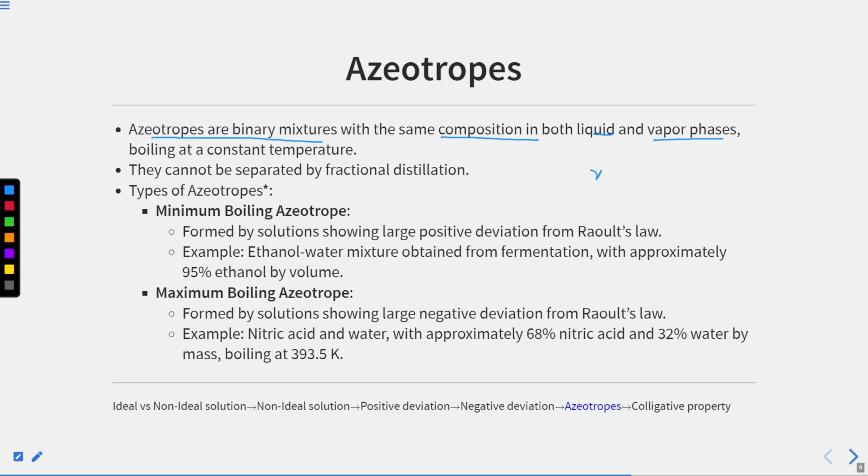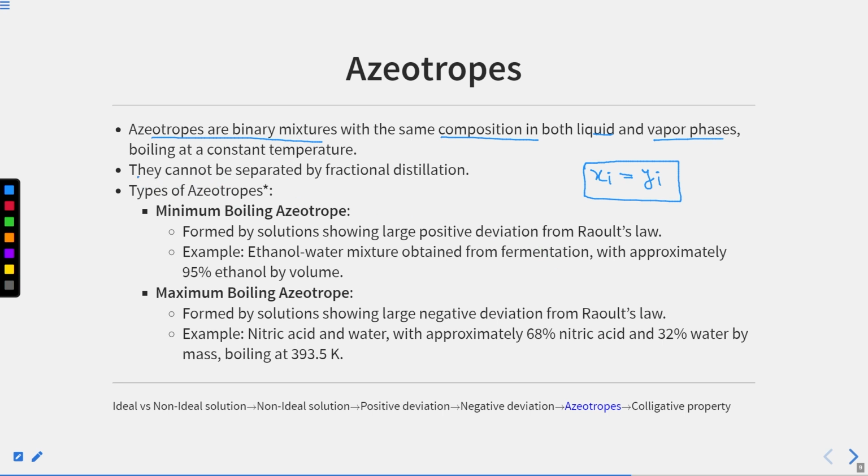Suppose the mole fraction is xi for the solution and yi for the gaseous phase. It is said that the mole fractions are the same. This is called an azeotrope, meaning the vapor phase concentration of both components and the liquid phase concentration of both components are the same. So this is the definition of azeotropes.